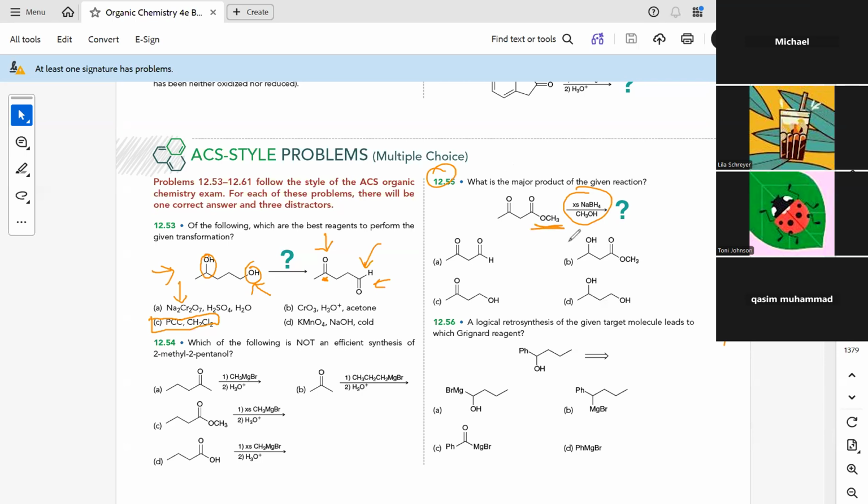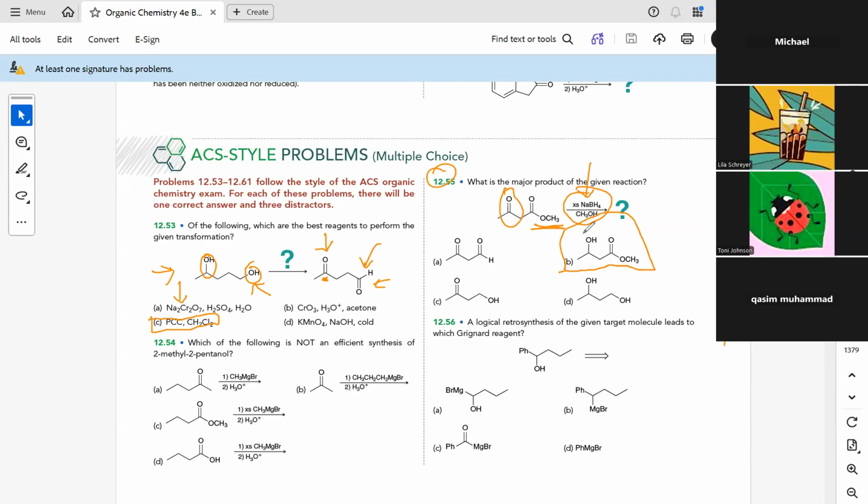So this group here will be untouched. So answer choice B will be our correct answer because, as mentioned, this reducing agent is not the strongest reducing agent, so it will not reduce our esters, but it does reduce ketones and aldehydes.